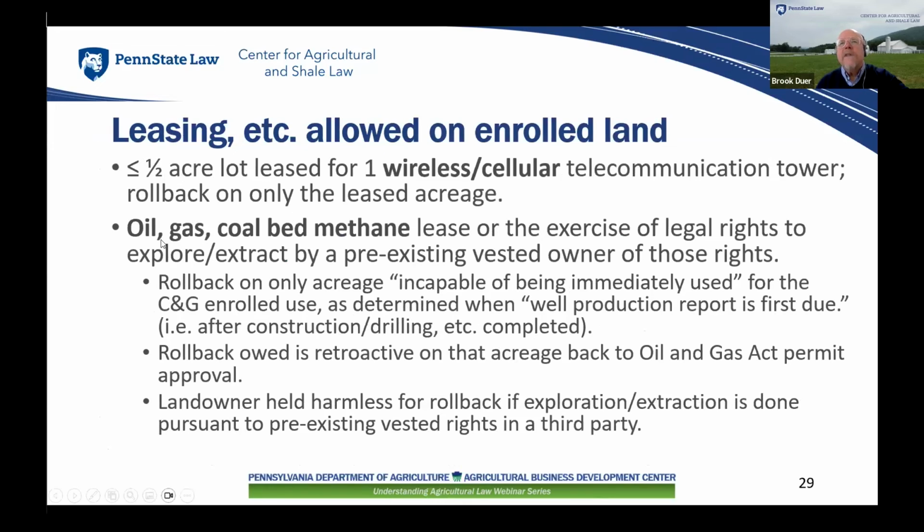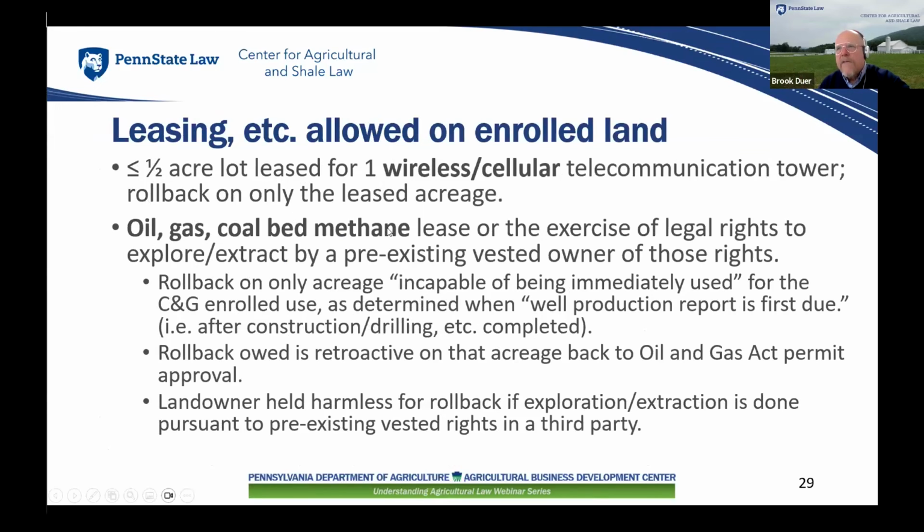Now, there are lots of leasing options also in Clean and Green, which we can talk about in our next drill down in more detail. You can lease if you're enrolled. These are essentially not considered changes of use if you stick to the terms of them. You can lease for cell towers.